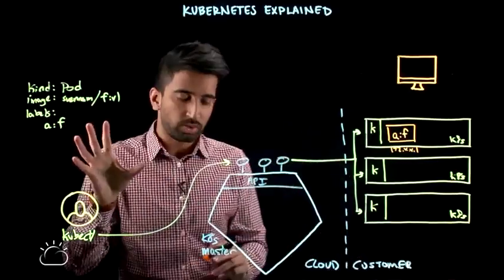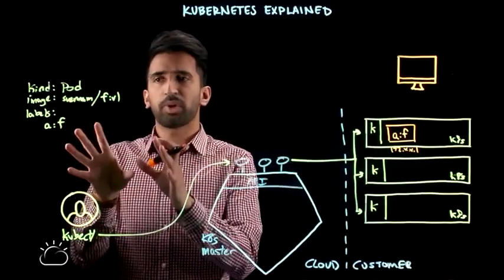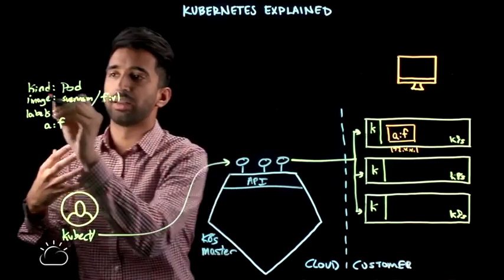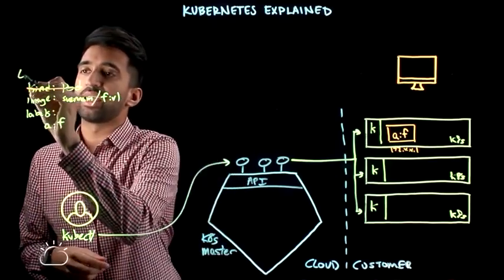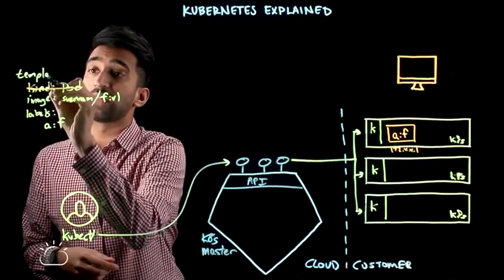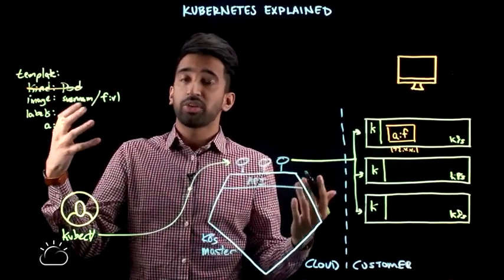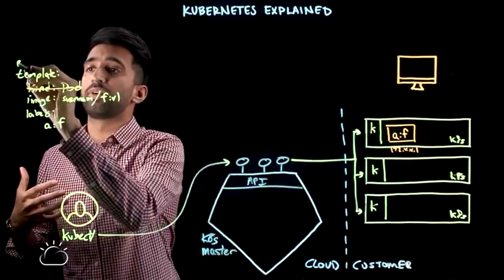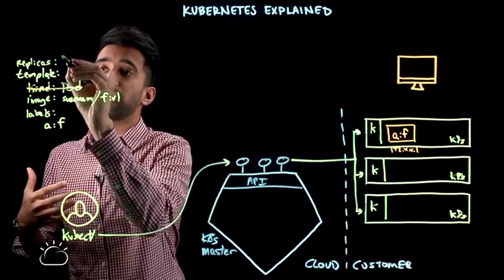So going back to our manifest here, one thing we need to do is tell Kubernetes that we don't want a pod, we want a template for a pod, right? So we'll scratch that out, and say that this is a template for a pod. On top of that, we've got a few other things that we want. The number of replicas, let's say we want 3.